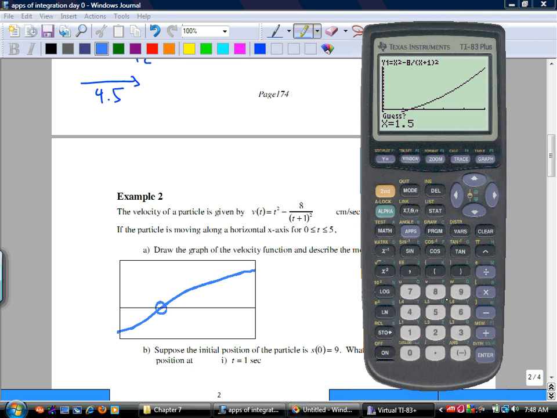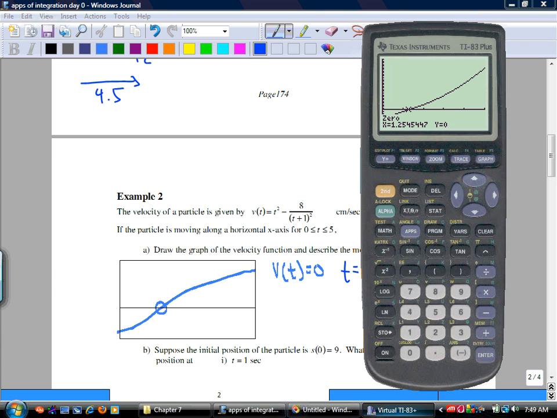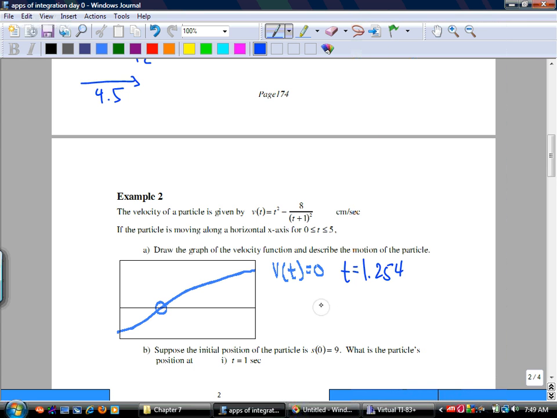When it says left bound, you could just use the tick marks and say, it's about here. 1.254, 547. So, velocity is 0 at t equals 1.254, 5447.